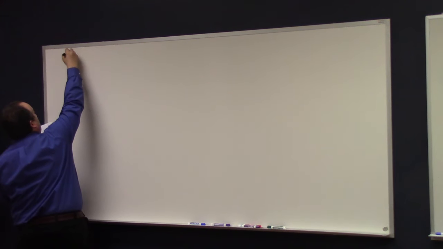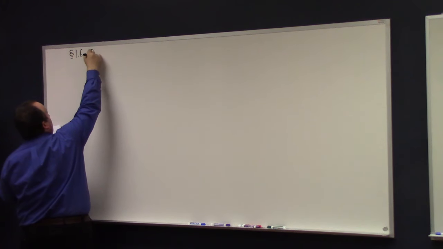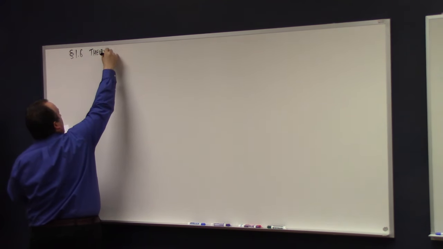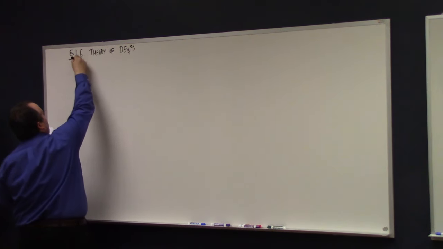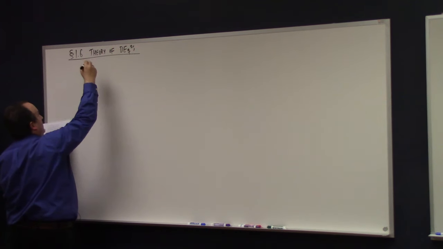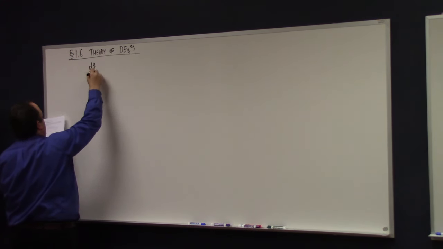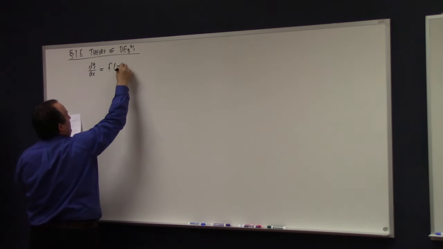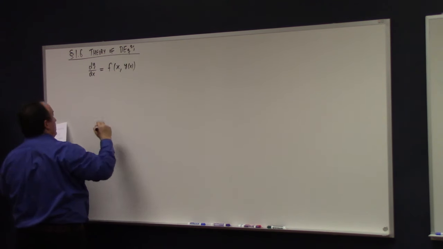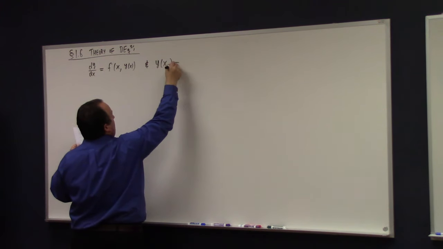This is my section 1.6, my current theory of differential equations. Of course, we're primarily focused on ordinary differential equations, but here's the problem we're interested in. I'm going to write it slightly differently. dy/dx equals f of x comma y of x, and y of x naught equals y naught.